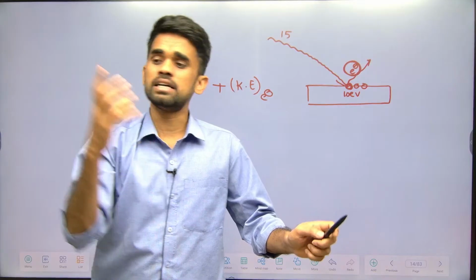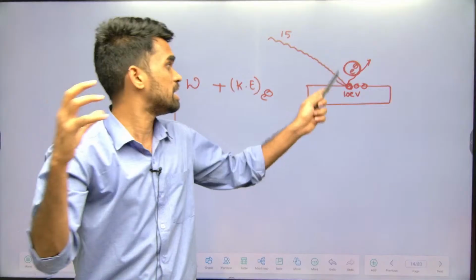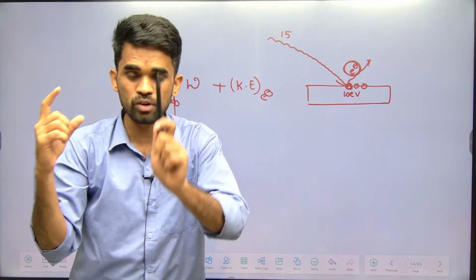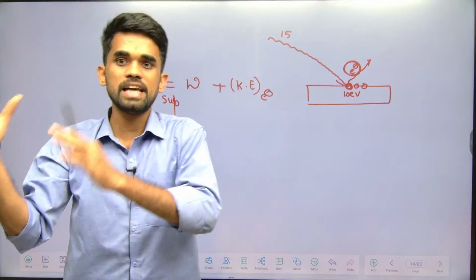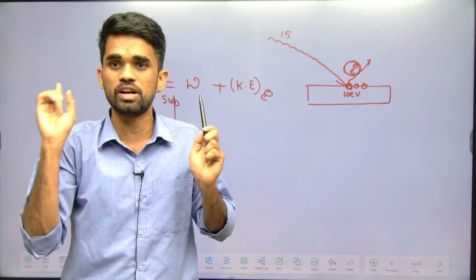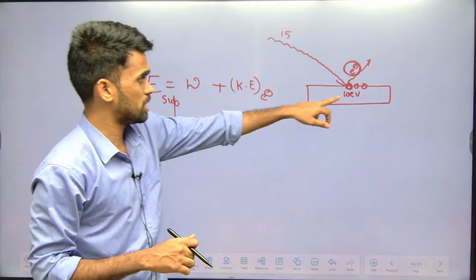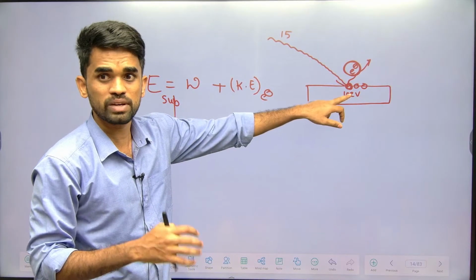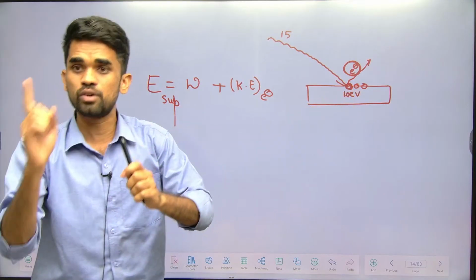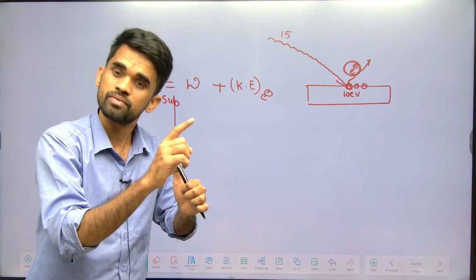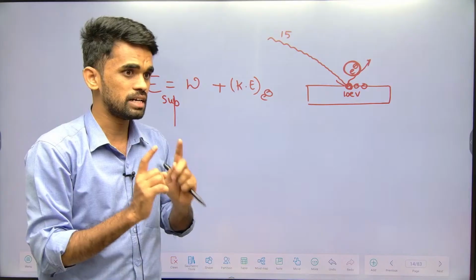If I say, sir, the photon has some 30 electron volt, it doesn't mean it will eject 3 electrons. 1 photon will eject how many electrons? 1 electron only, whatever the energy it has. Yeah, just remember that. Sir, it requires only 10 electron volt now, so can we eject 3 electrons using 1 photon? No, it is not like that. 1 photon will eject 1 electron, whatever may be the energy difference there. Okay, is that clear? That is an important point.